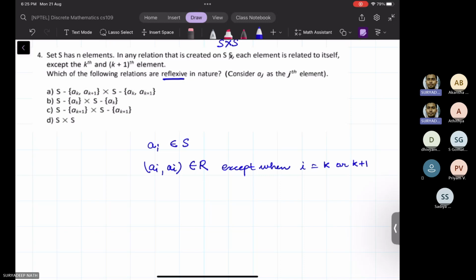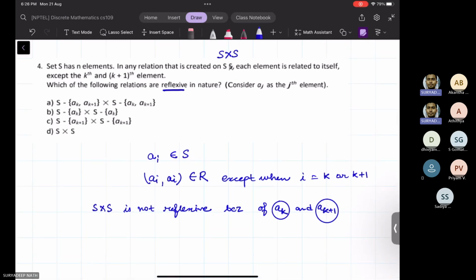Now tell me when it would be reflexive. This relationship on S cross S is not reflexive because of AK and AK plus 1, because these elements are not related to themselves. So what do you think is the right answer? On which set do you think the relationship would be reflexive?